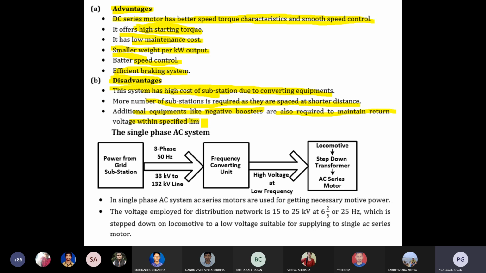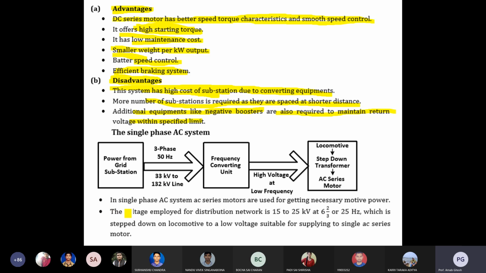Basically it's a huge load. Huge load means huge current. Power is fixed, so when current is increasing because the load is more, the voltage will dip. That's why a booster transformer is required at regular intervals for maintaining the voltage value fixed.